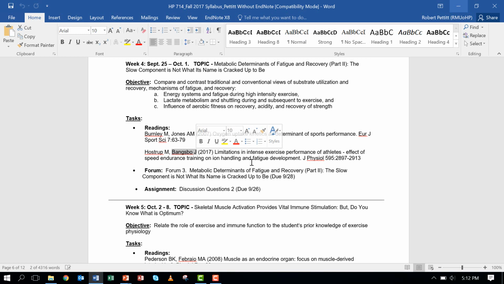A fascinating individual, very much thinking way outside the box, and his contribution is really looking at ions and at that level for fatigue. So I thought it might be a good curveball to throw one of his papers in there.